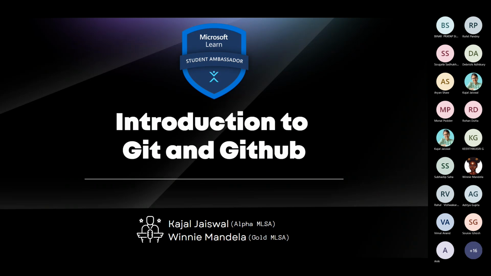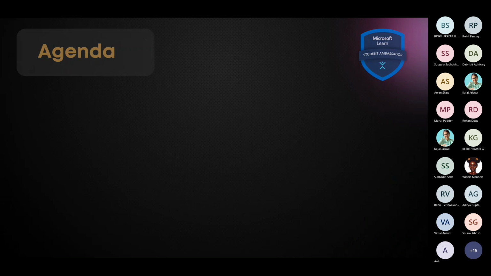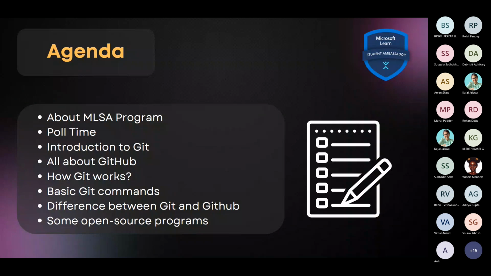Git and GitHub. But before diving deep into it, I would like to introduce the agenda. We will be talking about the MLSA program, what it is, and how I am an Alpha MLSA. Next, we will be having a small introduction just to get to know you.